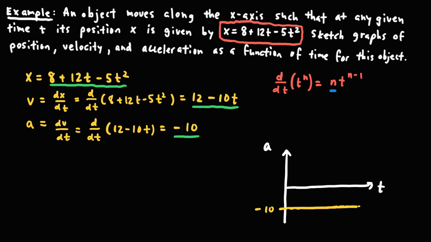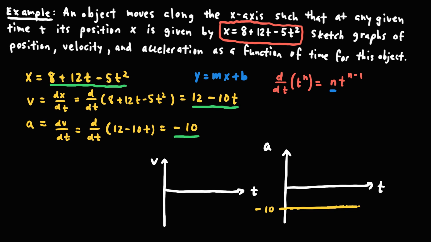The next graph that I'd like to do is the velocity versus time graph. The velocity is going to be a little bit more complicated to graph because the velocity actually does change with time. What I notice about the velocity equation is that it has the form of an equation of a line, which looks like y equals mx plus b.